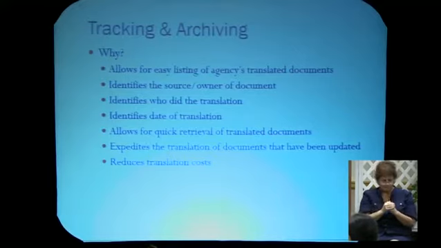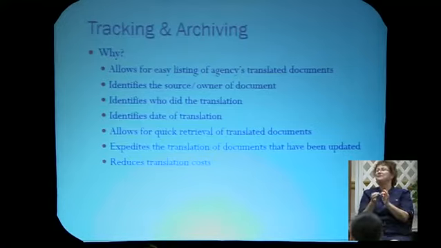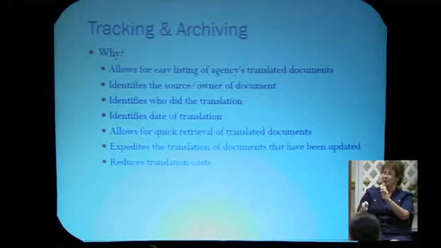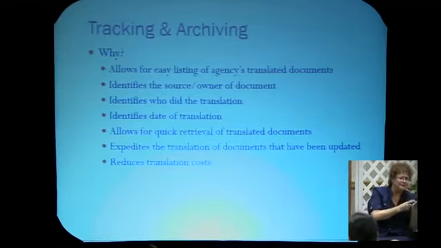You could also identify who did the translation in your little tracking system. And this could be a spreadsheet. It can be as simple as a spreadsheet. Again, as you can tell, I'm pretty big with Excel spreadsheets and keeping information organized. But you can also note, was it translated by someone within the agency? Was it contracted out? Who did it? And that's important to know, so you can always go back in case you need to for any issues or updates. You can also list when it was done.